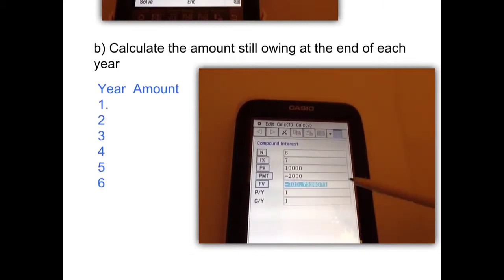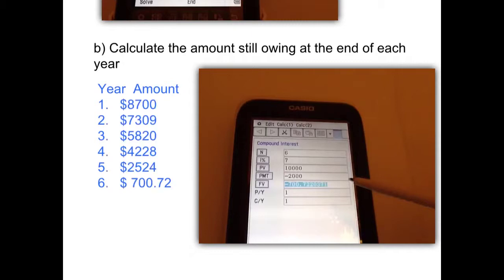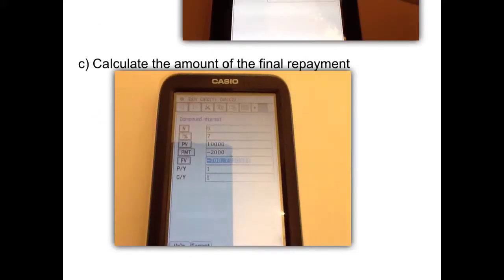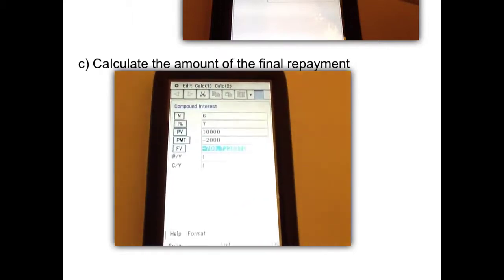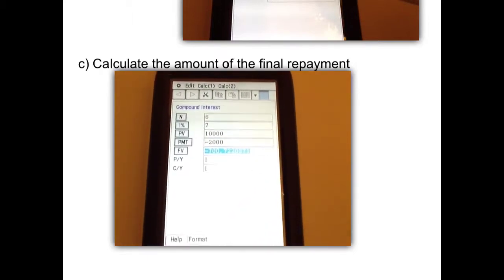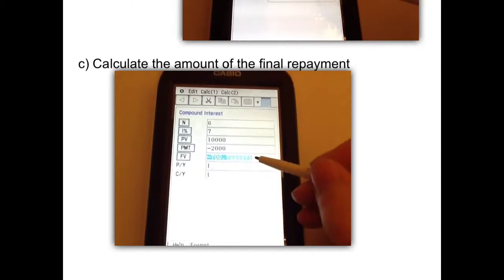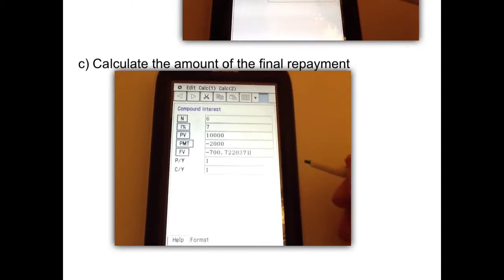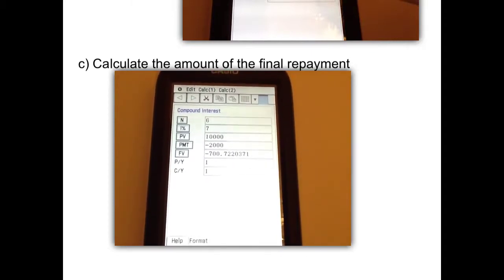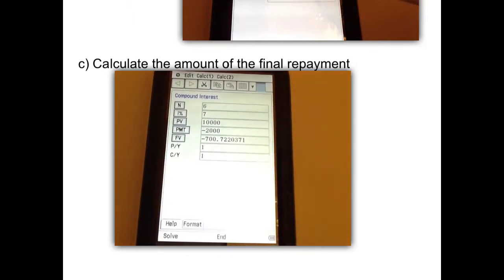Now, after 6 years, the final amount owing is $700.72, but because we're not paying that off immediately, we still have to work out the interest on that. To find the amount of the final repayment, we need to work out 7% of $700.72 and add that on, because that's the amount plus the interest.